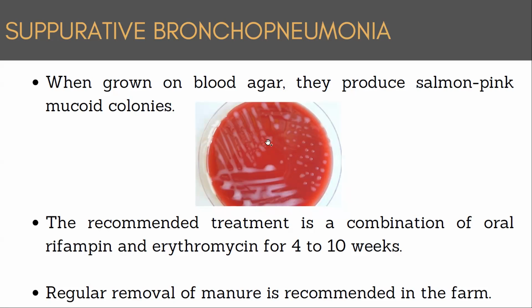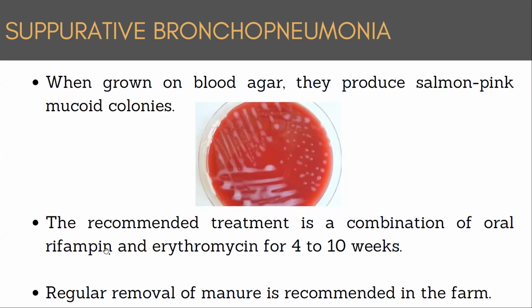So the recommended treatment for this disease is a combination of oral rifampin and erythromycin for 4 to 10 weeks. Of course, in case hindi mag-work to, madami tayong other antibiotics. Pero based from data ito daw yung pinaka-effective sa kanila.